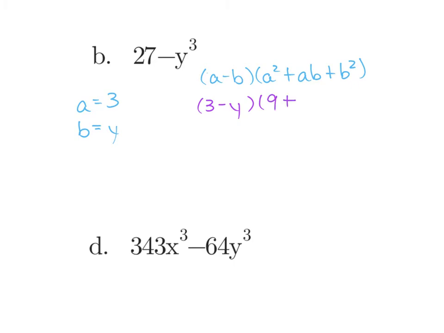Plus, what is a times b? We should get 3y, plus b squared. b squared is equal to y squared. And we're done.